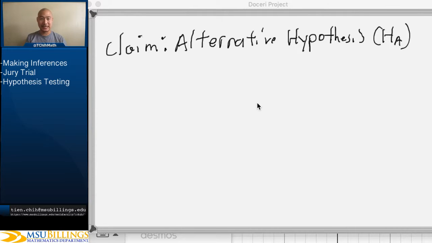This is the thing that our researcher is trying to establish. And in our particular case, our alternative hypothesis is that the population mean of purple microelephant weight is in fact greater than 120.